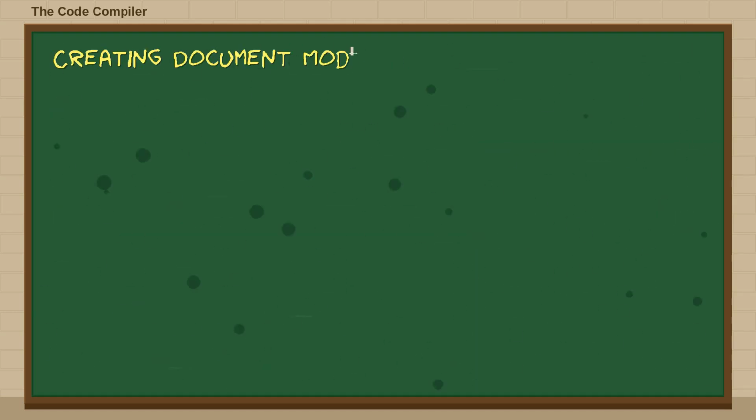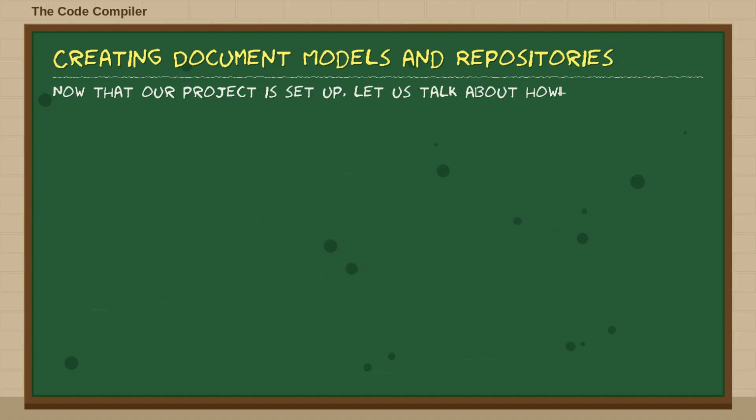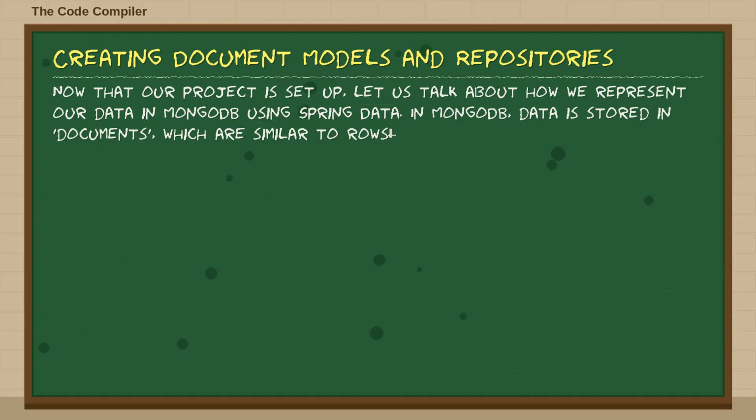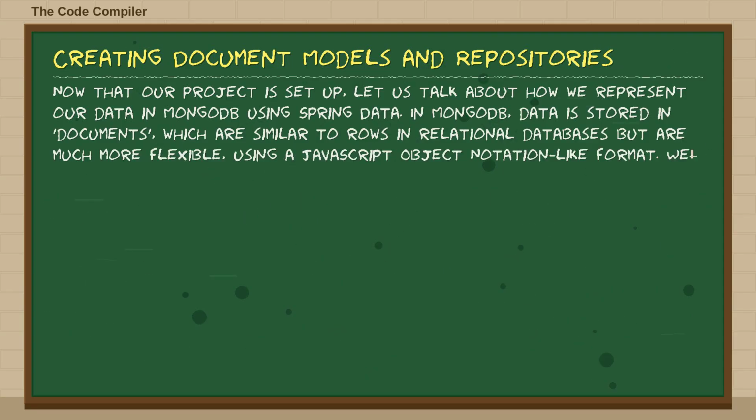Now that our project is set up, let us talk about how we represent our data in MongoDB using Spring Data. In MongoDB, data is stored in documents, which are similar to rows in relational databases but are much more flexible, using a JavaScript object notation-like format.